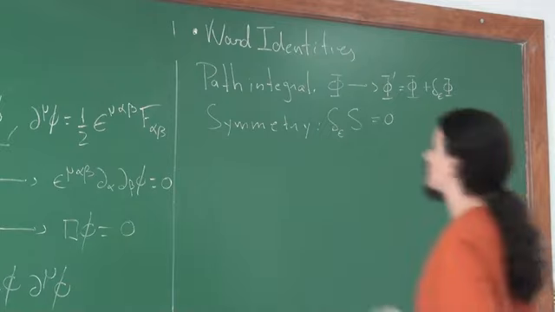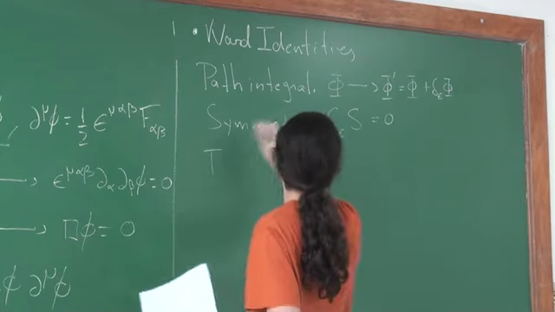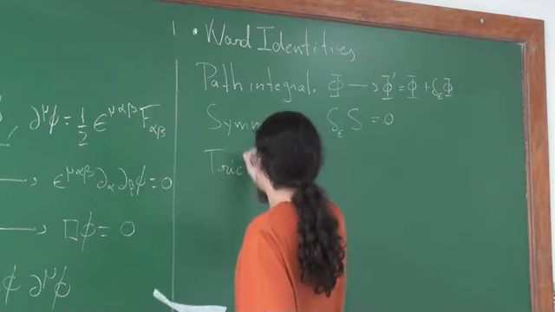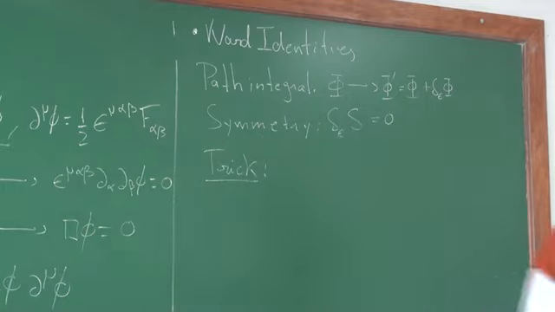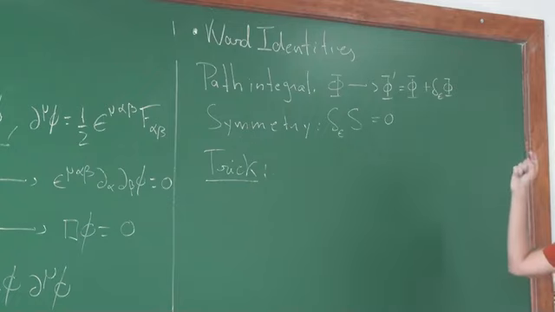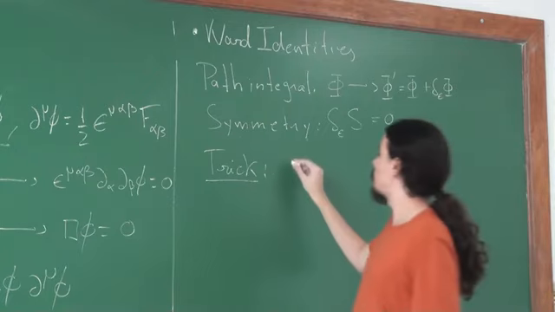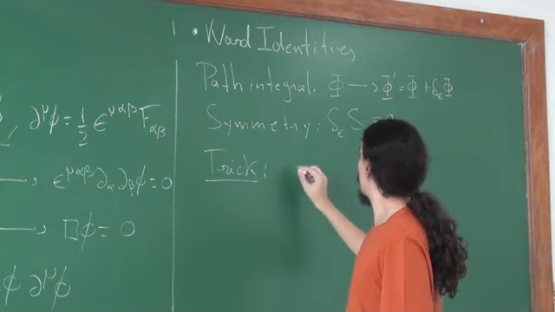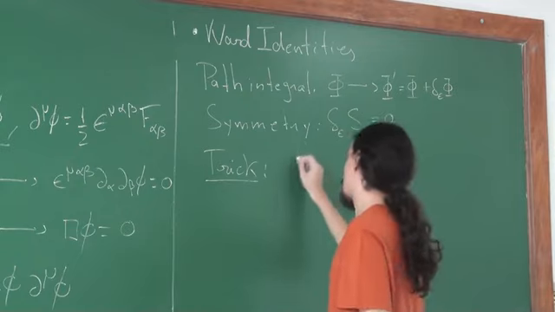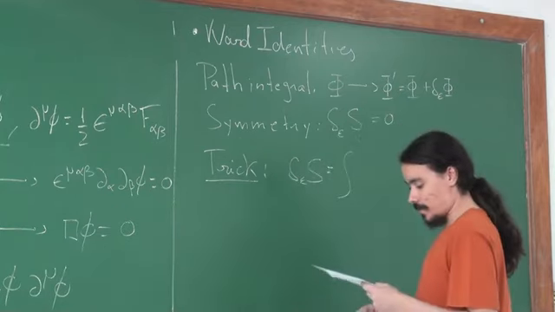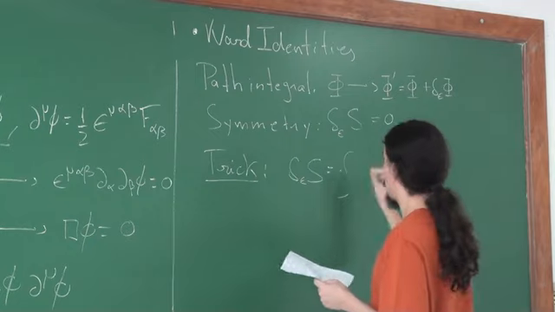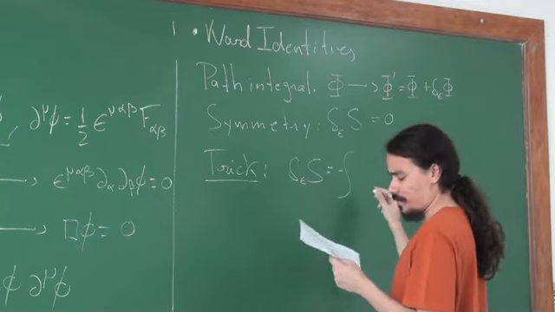And the trick, within this path integral derivation, is that you work out the variation of the action. I guess there is a conventional minus sign here.